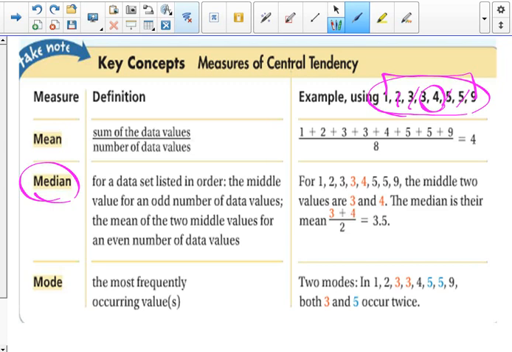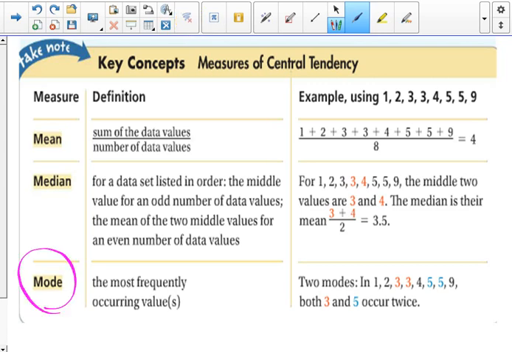In that case, I'm just going to take the average between 3 and 4, so add 3 plus 4 divided by 2. So 7 divided by 2 is 3.5. So I can say my median for this set of data is 3.5. Okay. When it's an odd number of items, then it's just the absolute middle item.